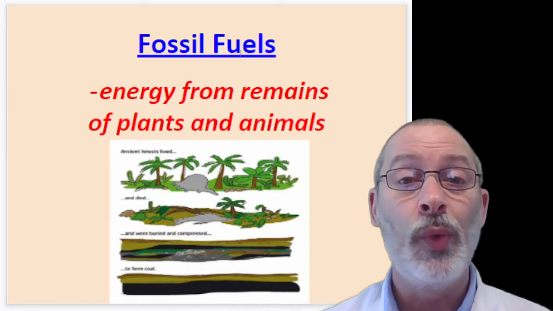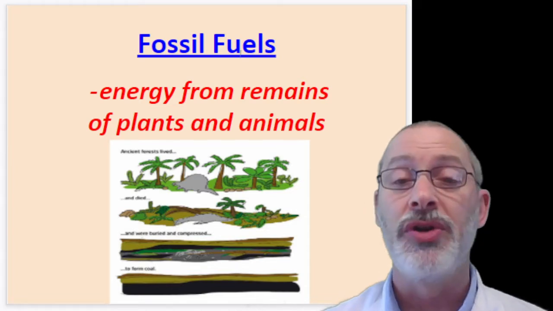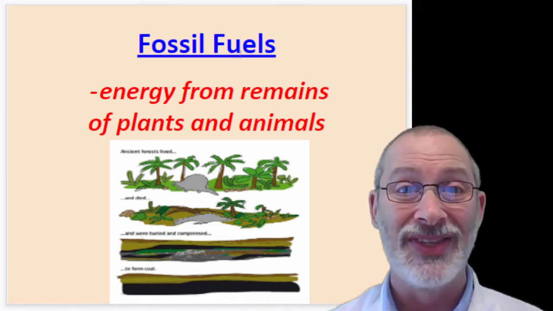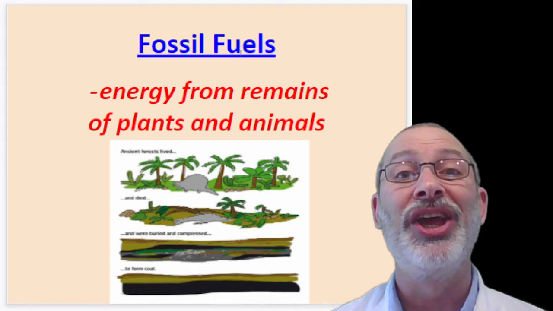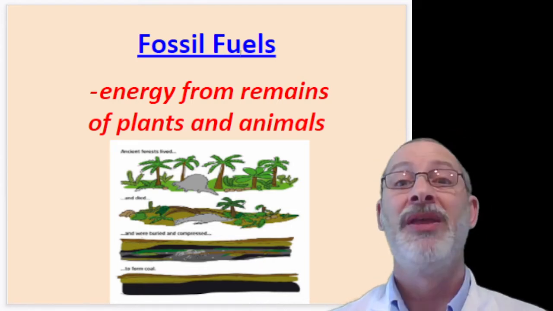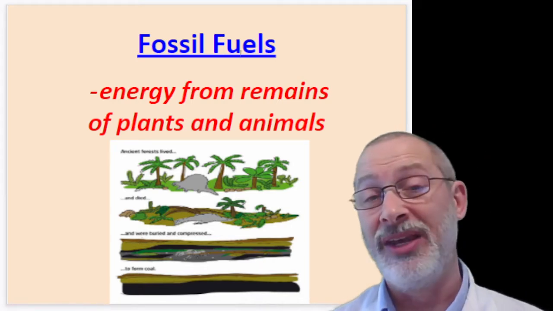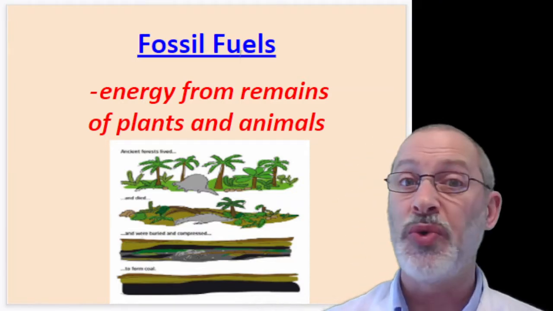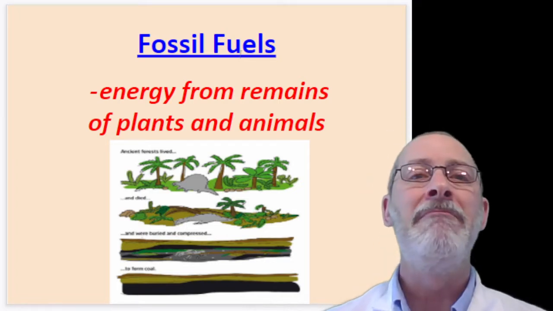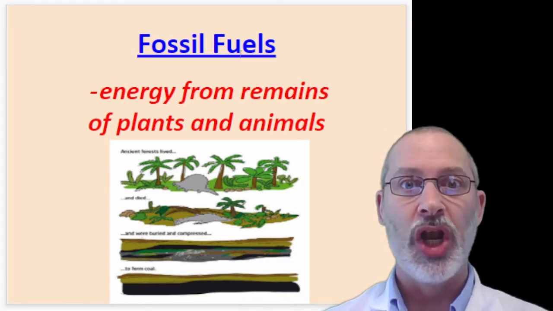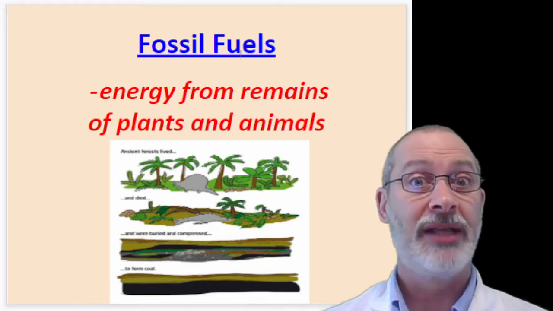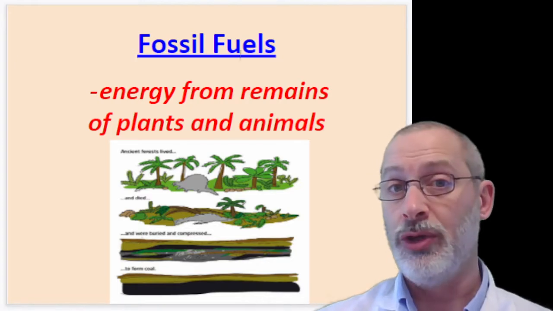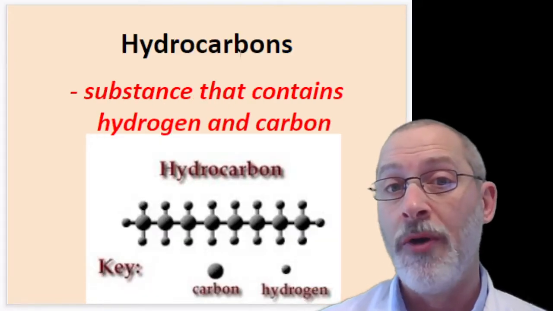About three-quarters of the energy we get today comes from the remains of plants and animals. Something old. Yes, plants and animals that have been dead, decomposing, squished beyond belief for many, many years, even longer than I've been around. And that's going some.